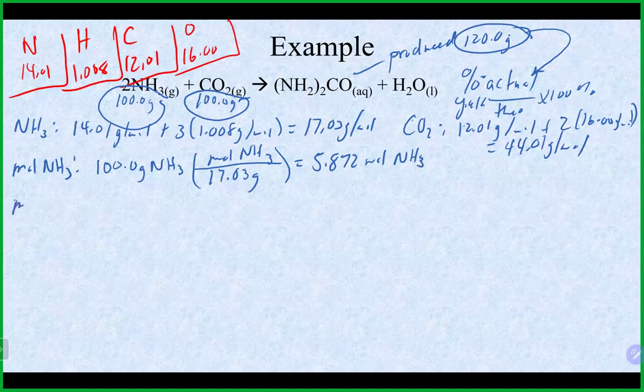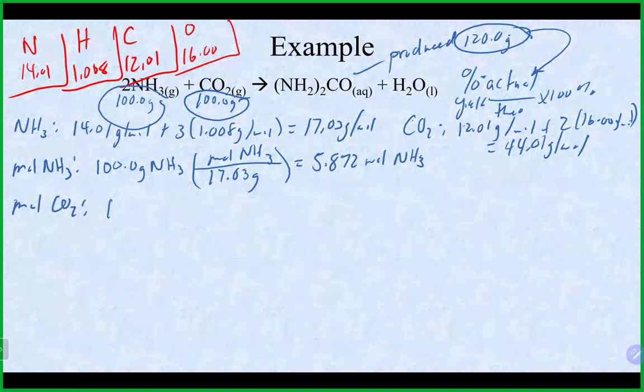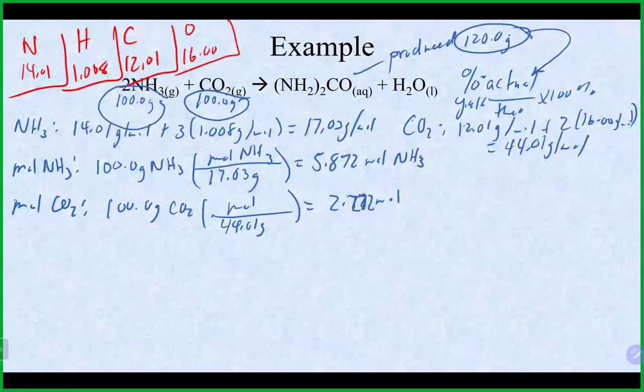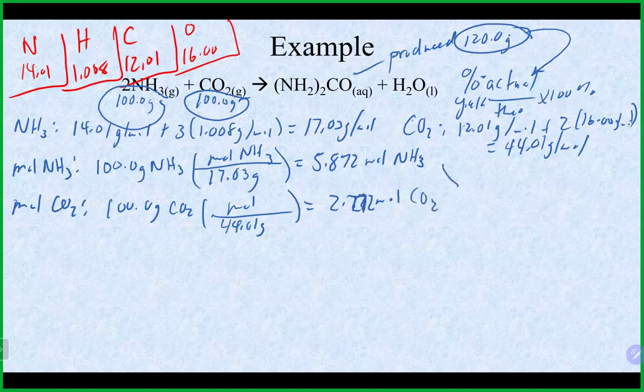We'll convert our CO2 into moles, also 100 grams, divided by the molar mass here, 44.01 grams per mole. That gives 2.272 moles of CO2.